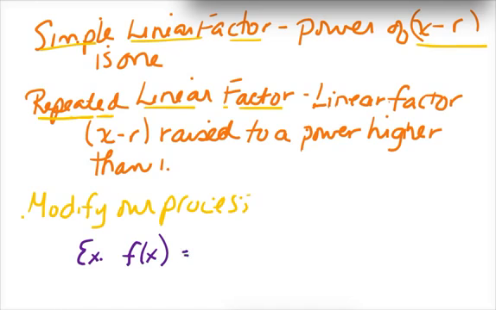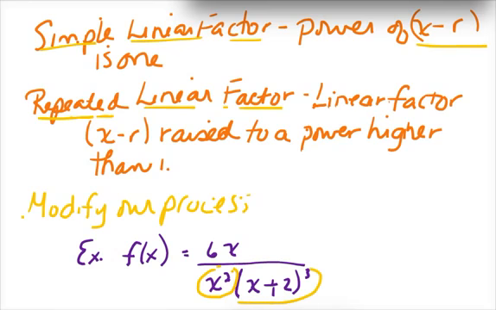So let's see, if I have something that looks like 6x over x squared times x plus 2 cubed, so if these were my factors in the denominator, these would be considered repeated linear factors.